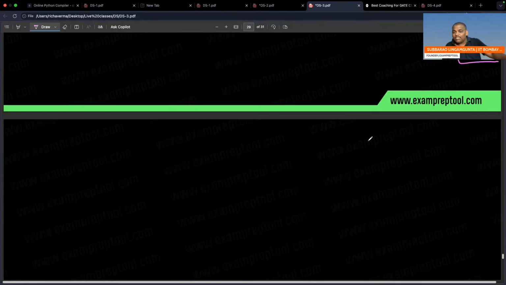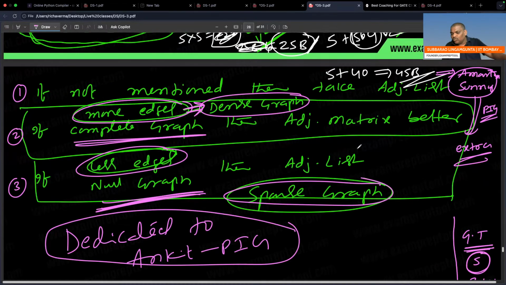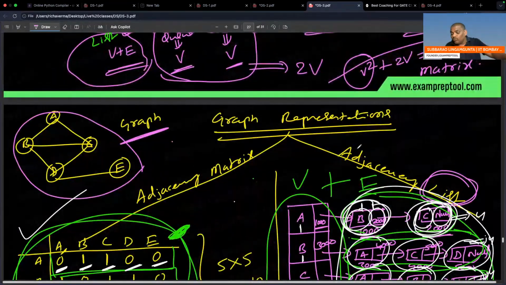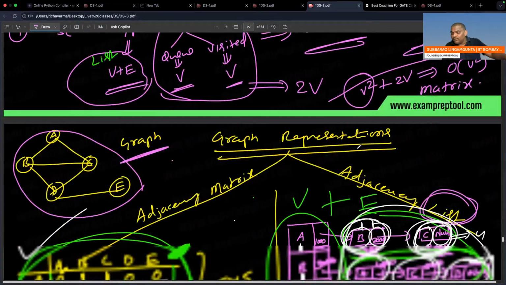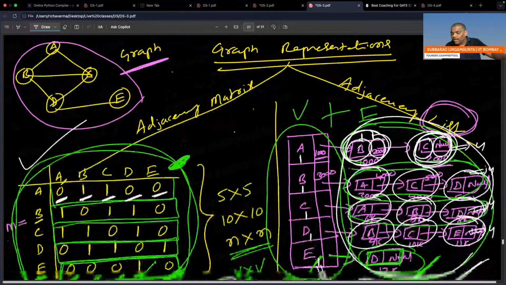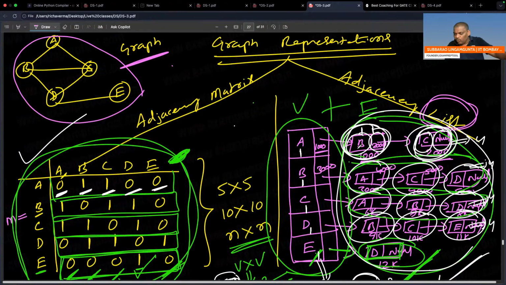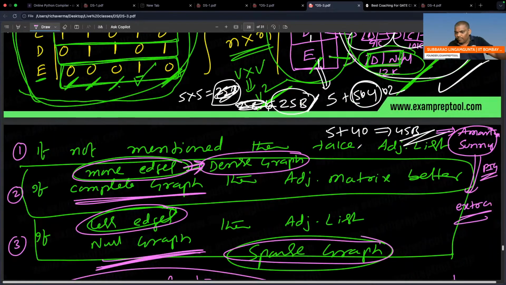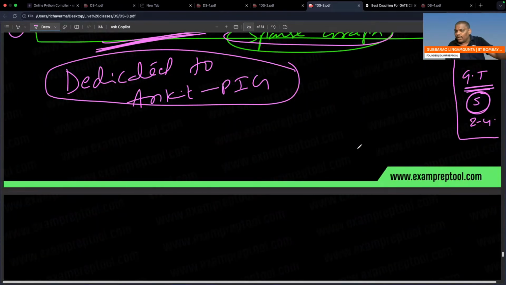See, 1 hour is wasted. Ankit, you said one line, adjacency matrix V square. 1 hour is wasted, literally 1 hour. I escaped also, then he once again dragged me. Sir, you didn't give my answer. This dog is saying, I ignored first time.